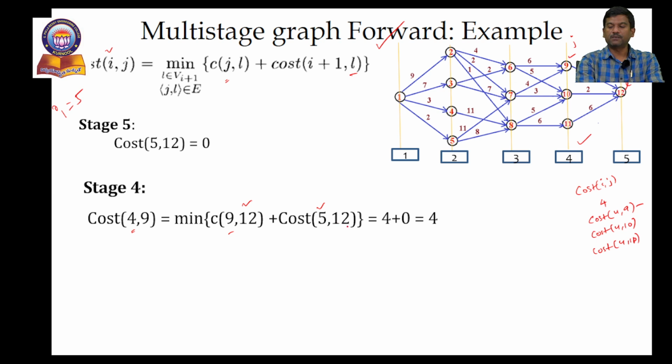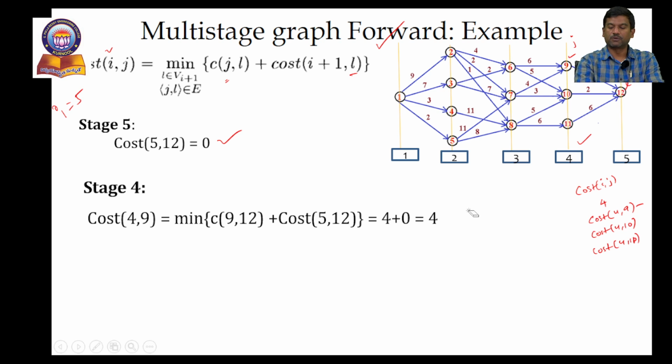So it is cost of 5 comma 12, which we already computed as 0, plus c of 9 to 12, the edge cost, which is 4. That gives us the cost of 4 comma 9.